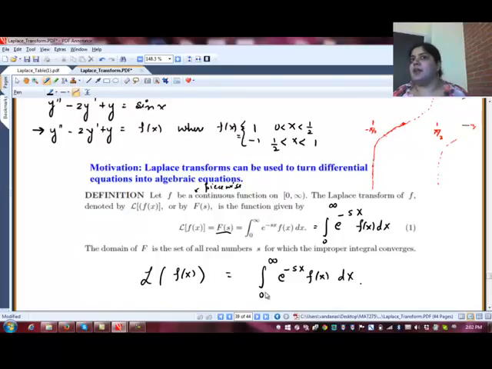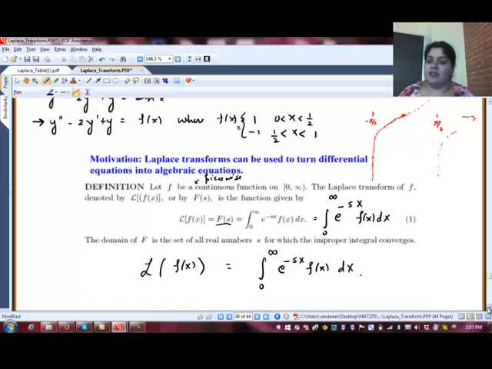You did that in Calc 3, right? When it is a series, then you would consider partial sums and see whether it converges. You take a partial sum, then take the limit as n approaches infinity, and that's how you get the discrete case. Okay, at any rate, let's move on.